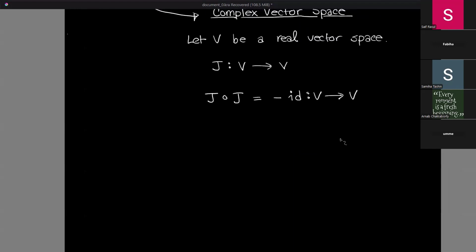It's in this sense that J is supposed to be an analog to multiplying by i in the field of the complex numbers. This is analogous to i squared equals -1.